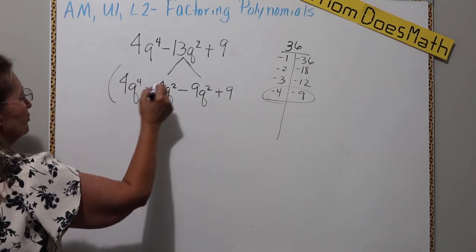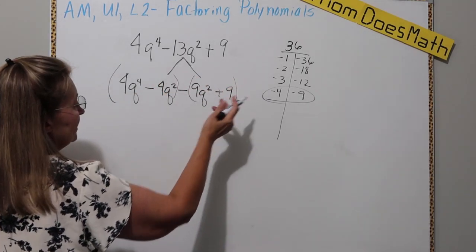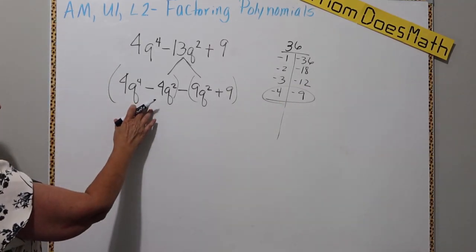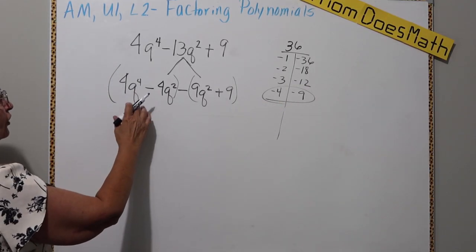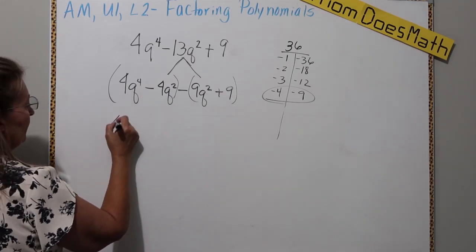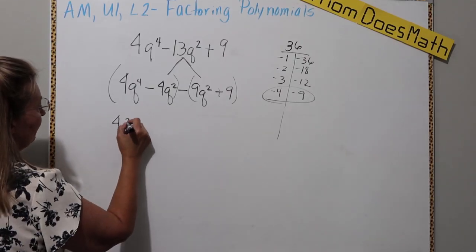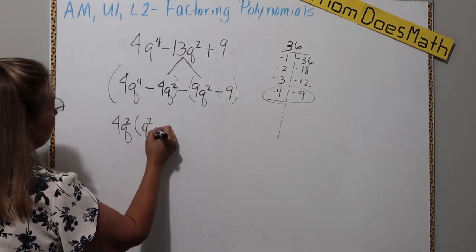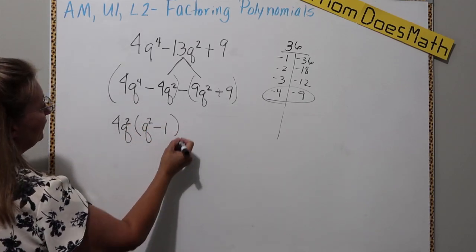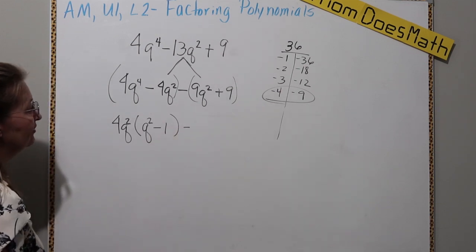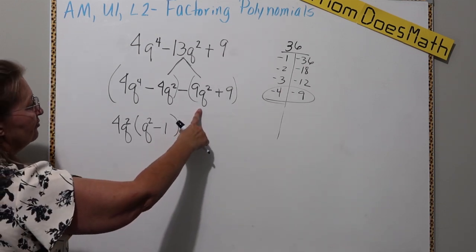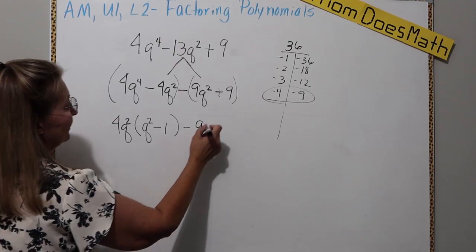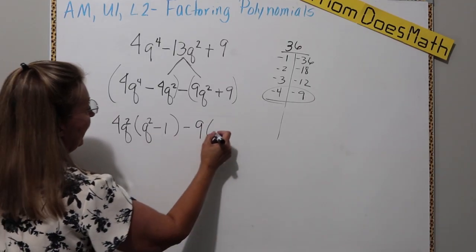Okay. To factor by grouping now, that's the next step in the AC method. So what's the greatest common factor here? Well, 4q to the second is going to be my common factor. And when I divide it out here, what do I have left? q to the second minus 1. Minus, down here, what's my greatest common factor? 9. Now I'm factoring out a negative 9, so what's going to happen?